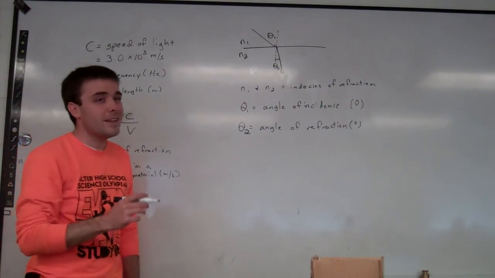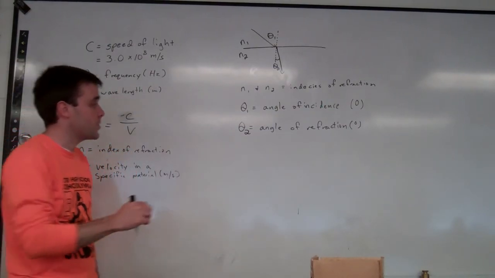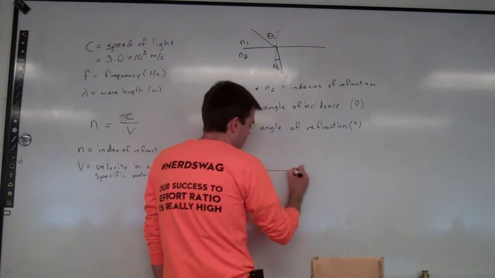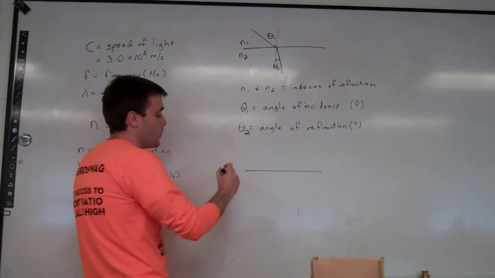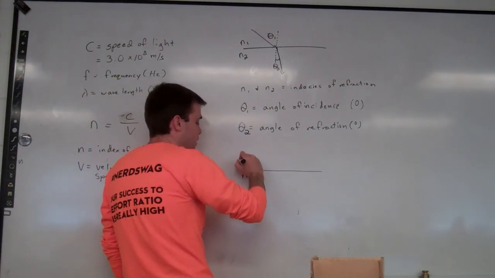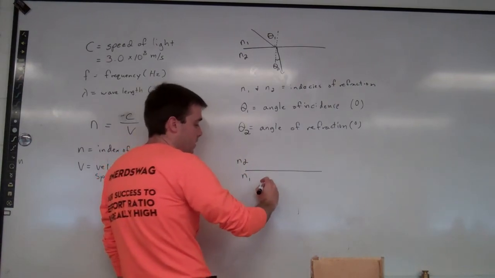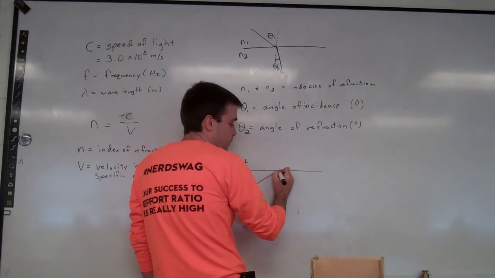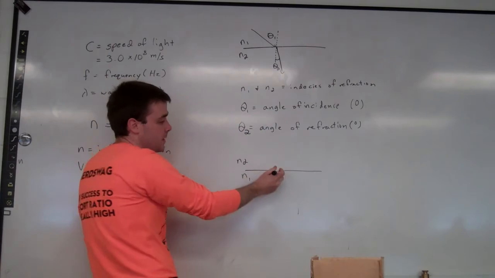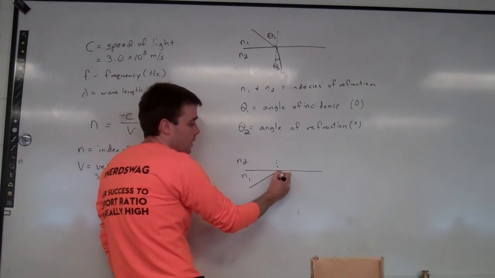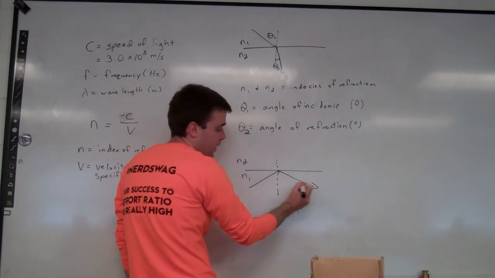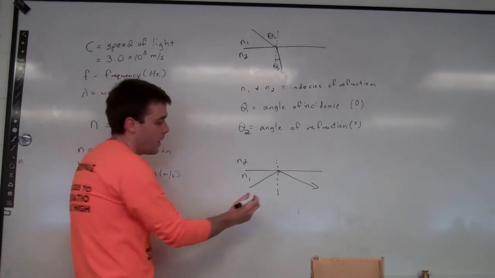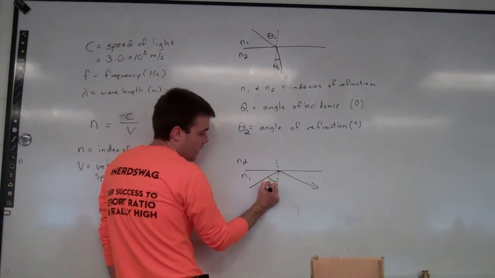The last equation is for total internal reflection. So say it's going from n1 to n2 this time, from water to air, at some angle. Instead of going out and bending, it's just going to reflect. And that angle is called the critical angle.